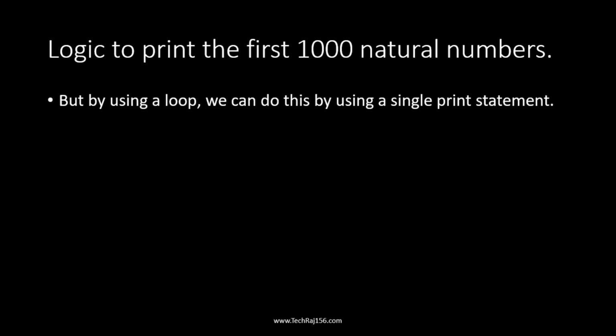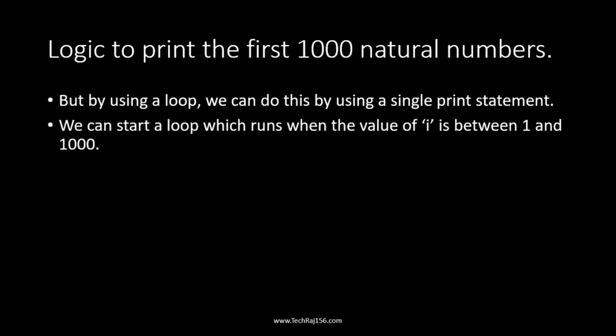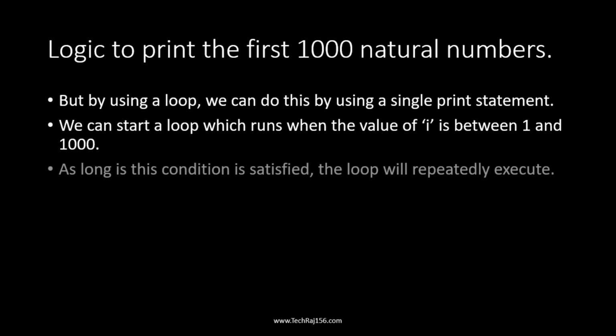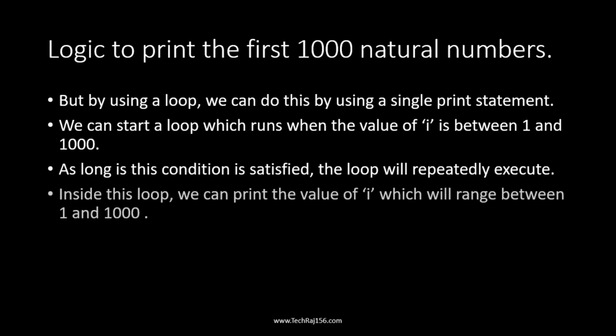So we can start a loop which runs as long as the value of I is between 1 and 1000. As long as this condition is satisfied, the loop will repeatedly execute. Inside this loop, we can print the value of I, which will range between 1 and 1000.